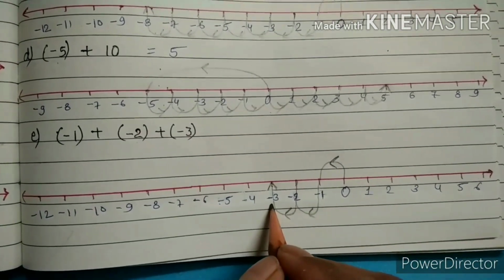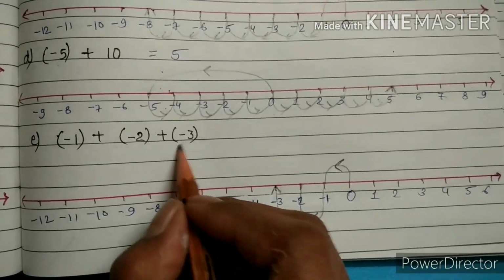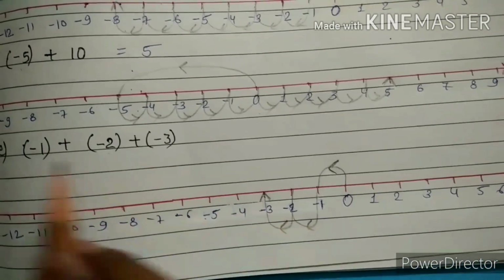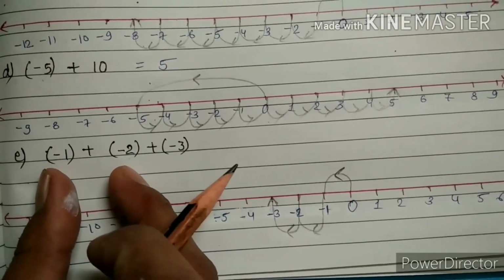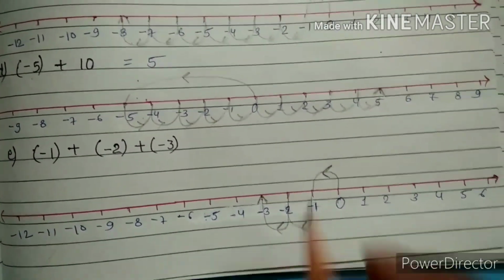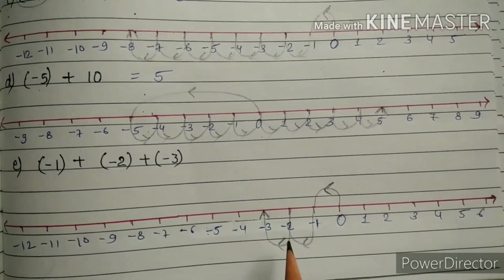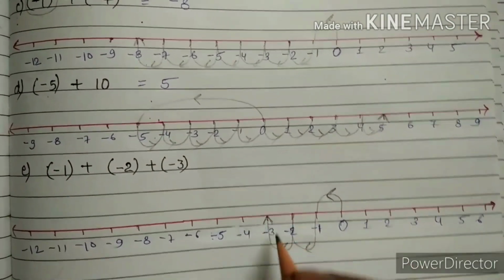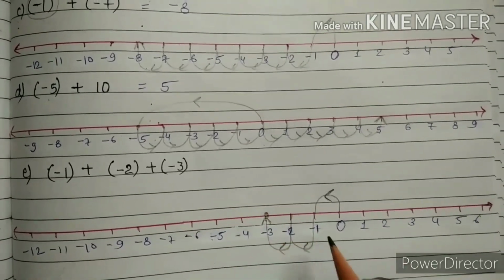But our question does not stop here. Our question is also giving us negative 3. So this is the answer of the first 2. Now we have to add the answer of the first 2 to the third one. That's why I am taking the new things on the upside. Okay, so negative 3, from this we have to start again.